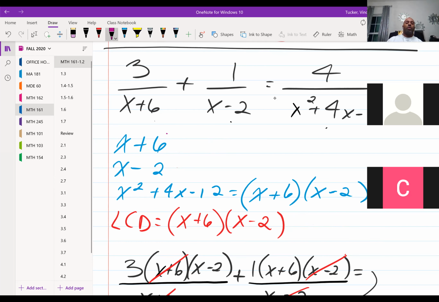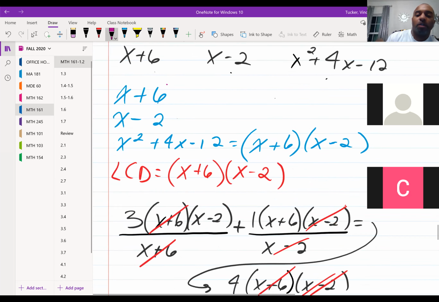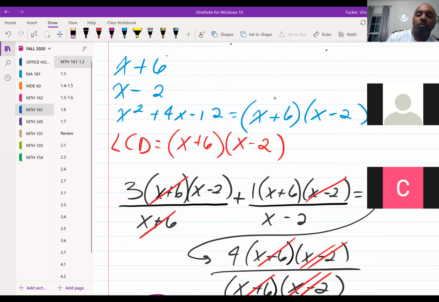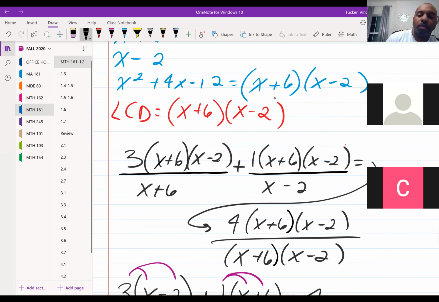All right. So the only two different quantities that we see in this case are x plus 6 and x minus 2. Then just like before, once we found that LCD, we multiply each numerator by the LCD.